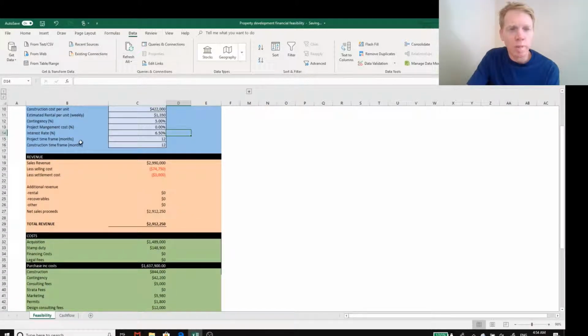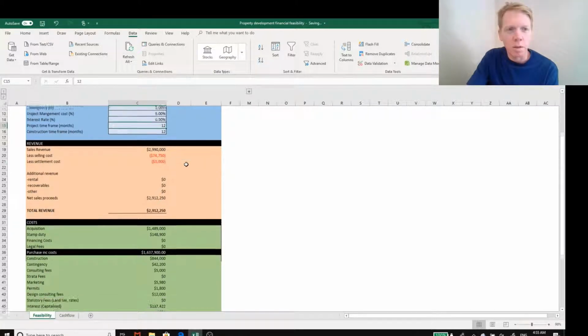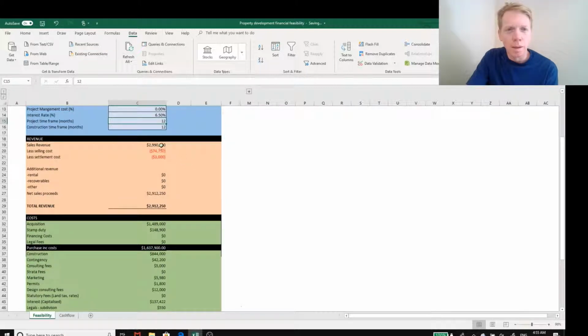The project time frame I've got in here is 12 months. So basically from the time of purchase, 12 months to get the thing built and sold off. So I would expect that in that time, I'd be able to sell it for a total price of around 2.9 million when complete.